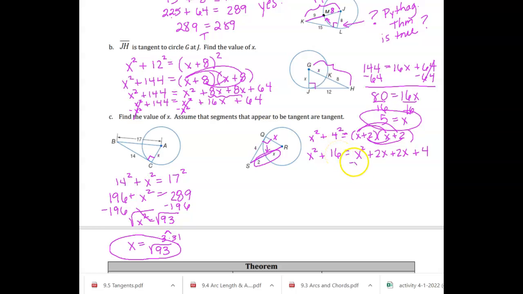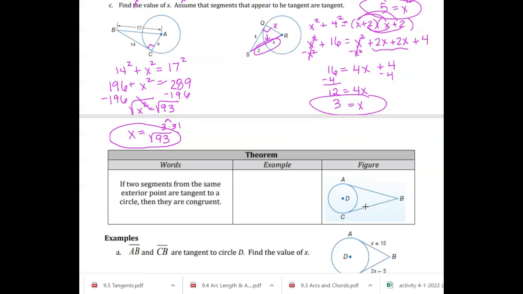So once again, I can subtract x squared and subtract x squared, and they go away. So then we get 16 equals, combine these, plus 4. So we'll subtract 4. So 12 equals 4x, divide by 4, and x equals 3. And that's what they wanted, find x.